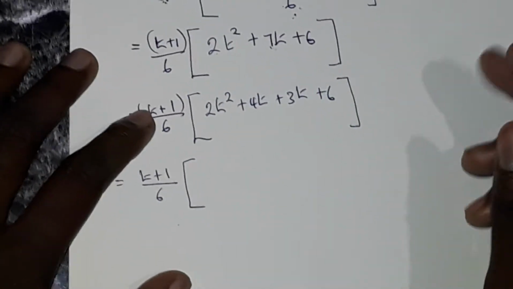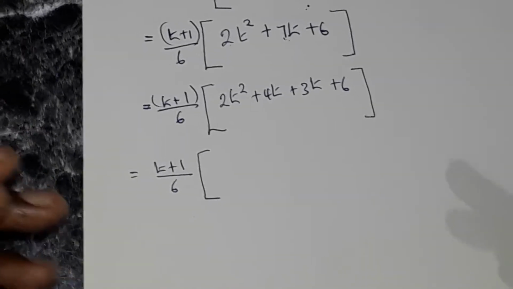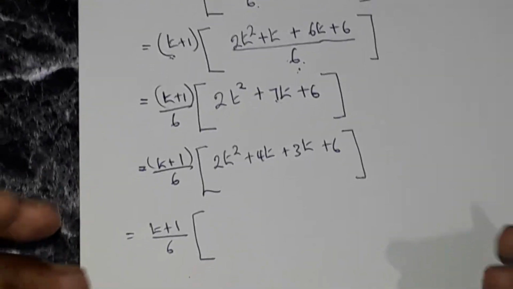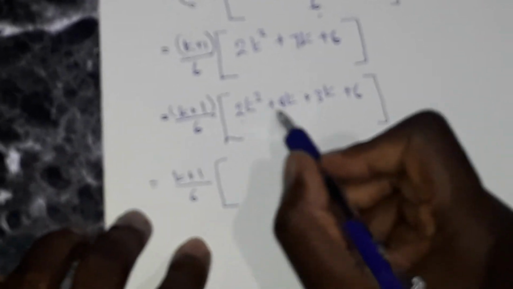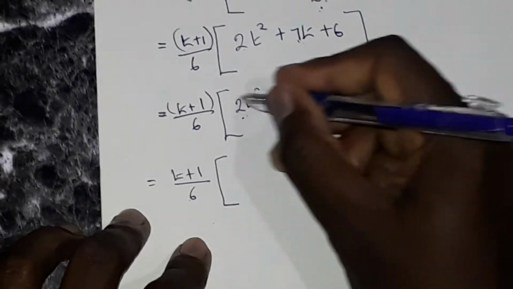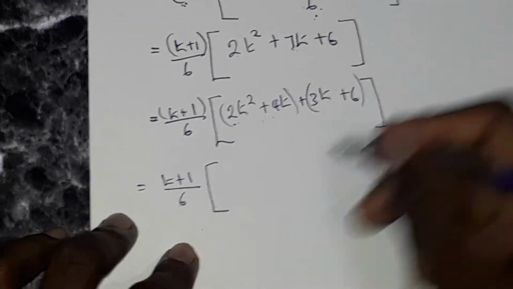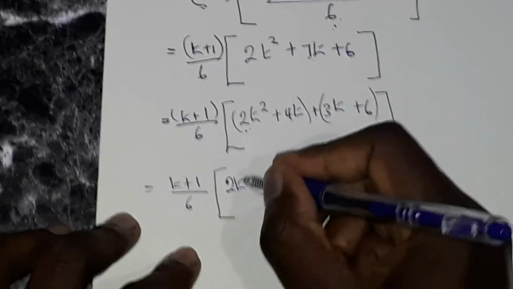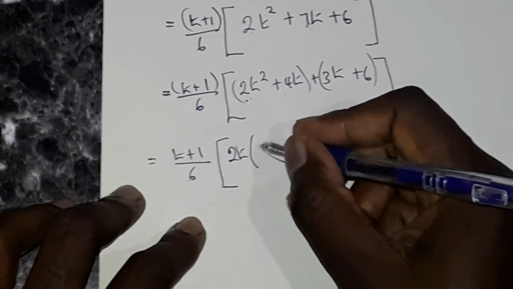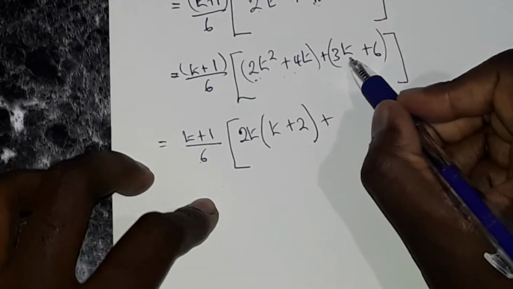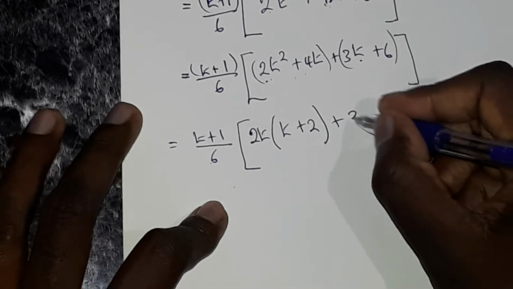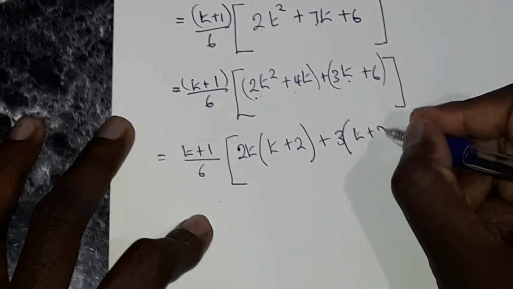And we're going to factor out the common term on both sides of the plus sign. So we can factor out 2k from here, this would give us 2k, k plus 2, plus we can factor out 3 from here, so give us 3, k plus 2.